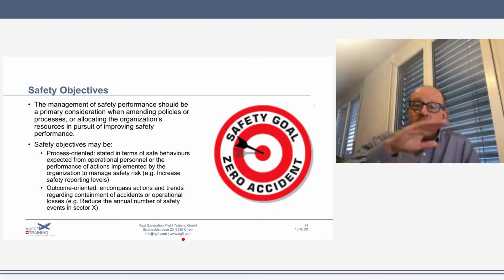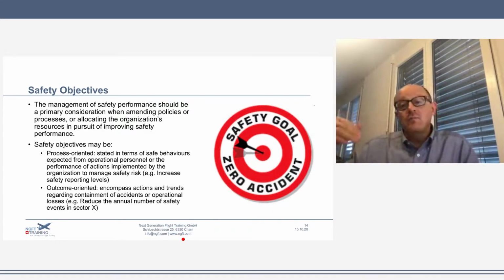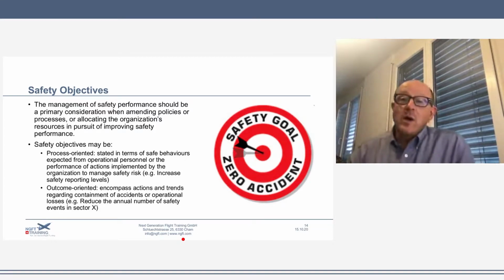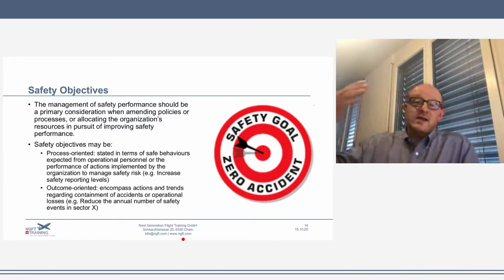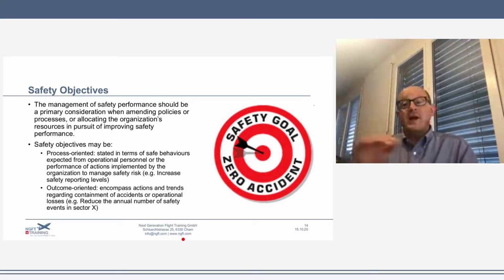We say if we ever go below 90%, then we need to do something. So you could say it's a negative target or a positive target. The positive target would be that we have more than 80% of this, and if you have 85%, you're better than your target level. So that's outcome-oriented.